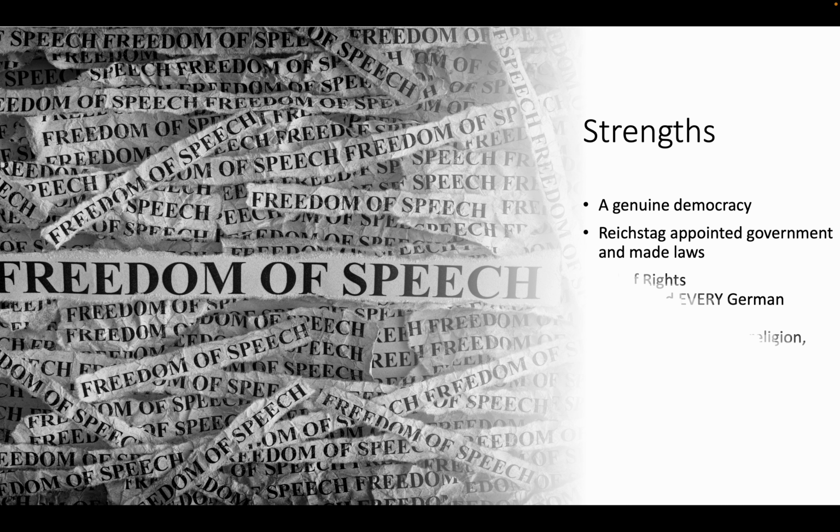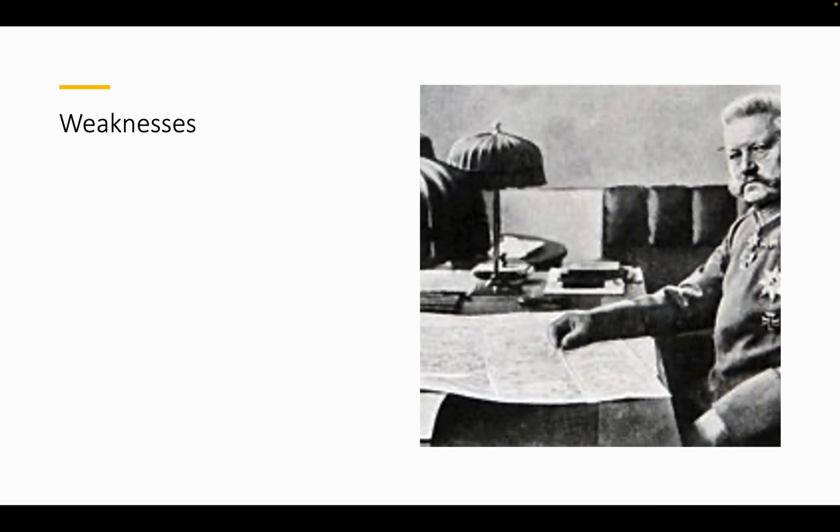So the strengths of the Weimar Constitution. It was a genuine democracy. The Reichstag appointed the government and made laws. And the Bill of Rights guaranteed every German citizen freedom of speech, religion, and equality under the law. Some weaknesses: proportional representation.